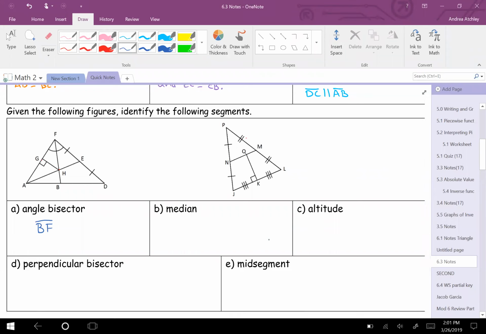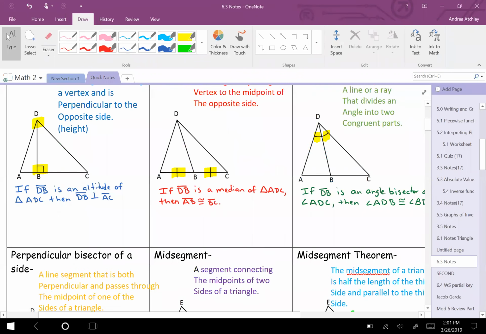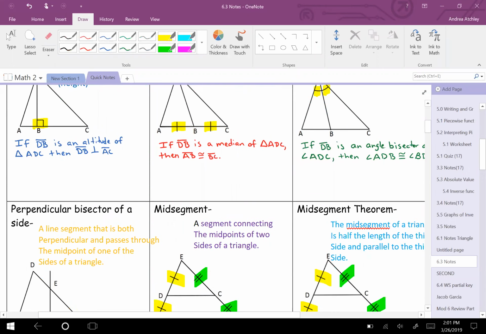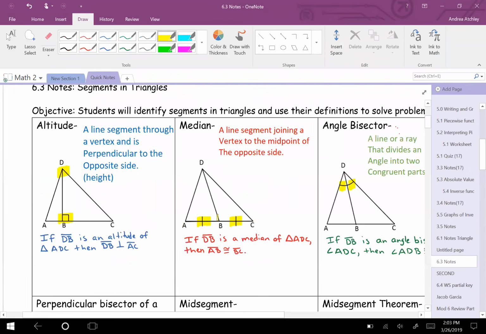Okay. Ryan, what'd you get for the median? Okay, so H can't be HE. Look at the median here. It has to go from the vertex to the opposite side, AE. So it has to go all the way from A to E. And again, you can do it the opposite, EA.